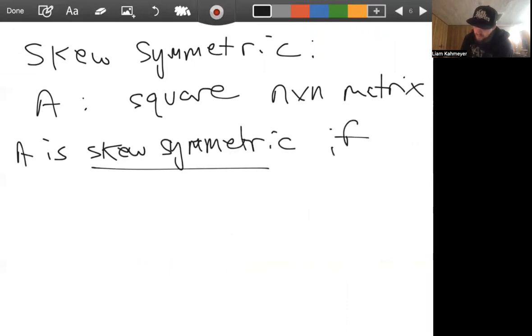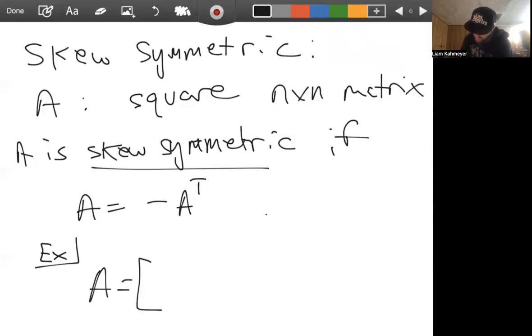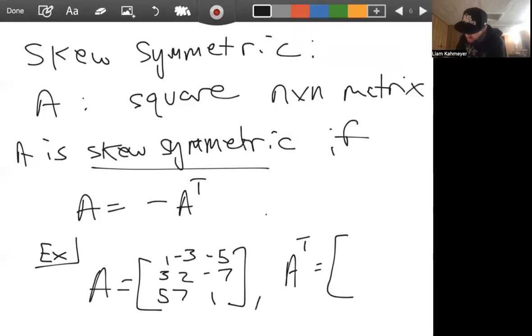if A is the negative of its transpose. So we could take the same example and just flip some signs. A could be 1, 2, 1, and then 3, 5, 7, but now let's say we have -3, -5, -7. Then for A transpose, you swap rows for columns and you're going to get 1, -3, -5, 3, 2, -7, and then 5, 7, 1.